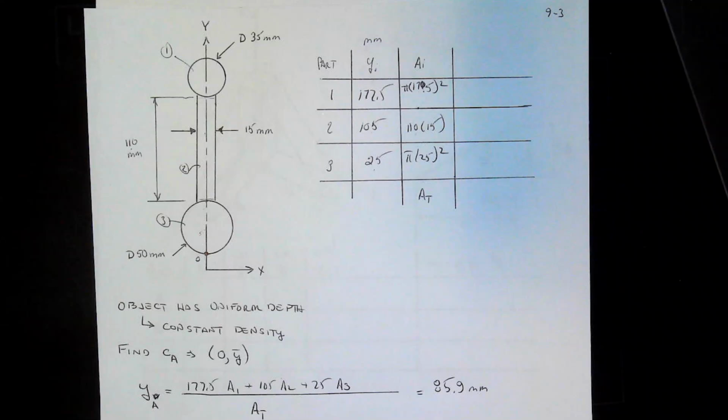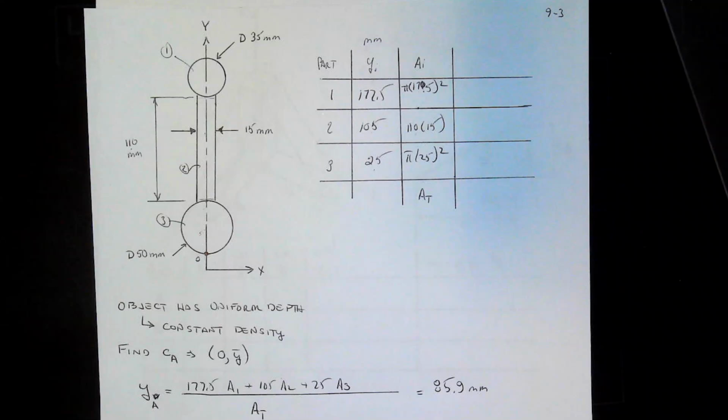All right, now we need to do area. That's a circle. Pi times 17.5 squared, not 177. So 35 is the diameter, half of that's 17 and a half, so pi r squared.